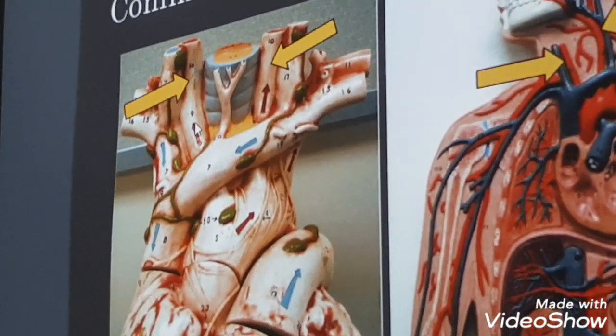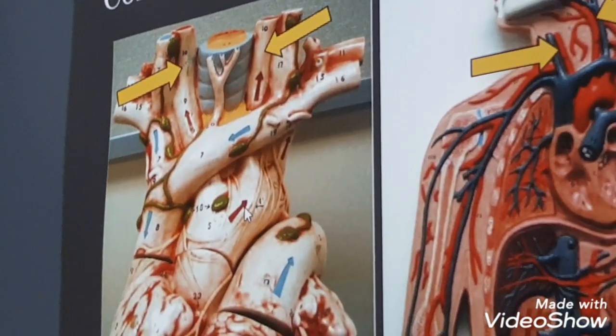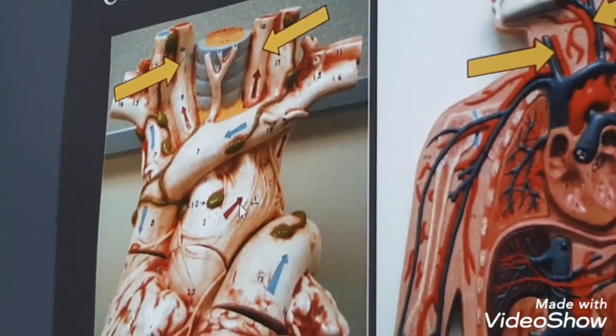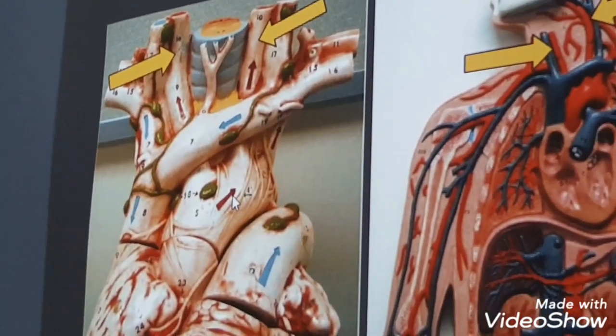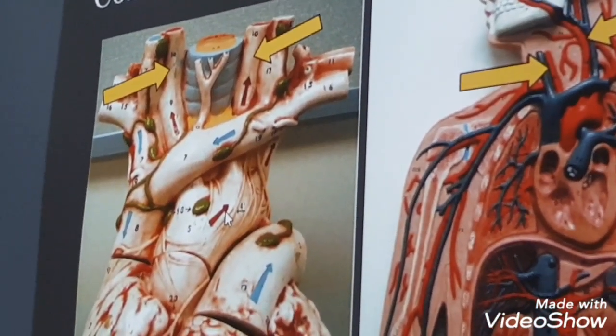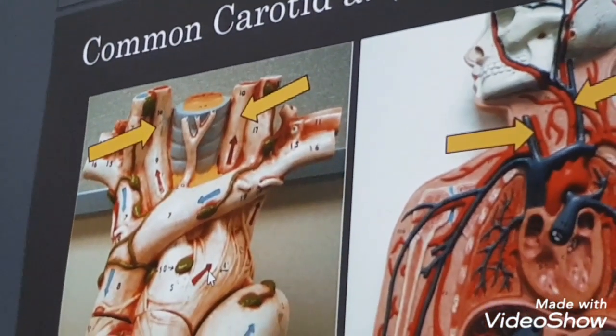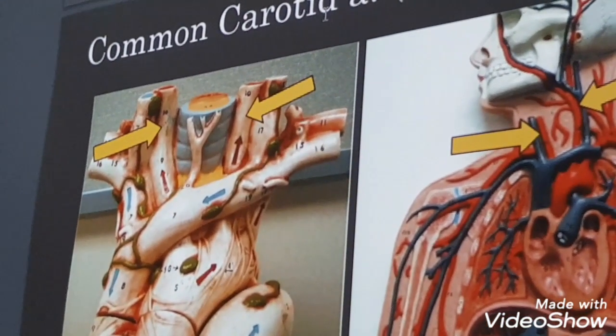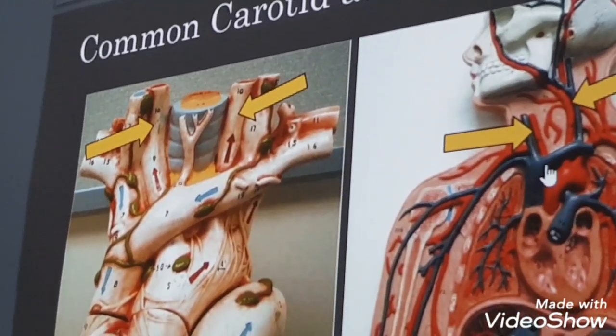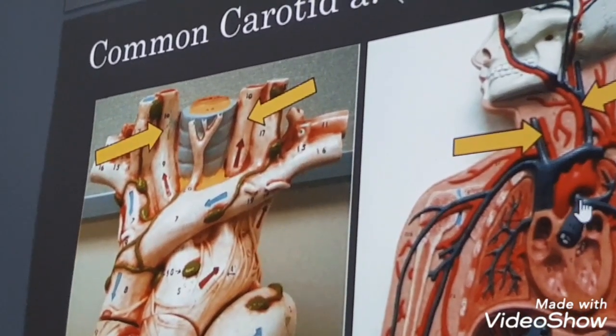And why that is, because the heart sits towards the left side. So it's almost like I needed another extension for getting there. So it doesn't directly come off the aorta on the right side.